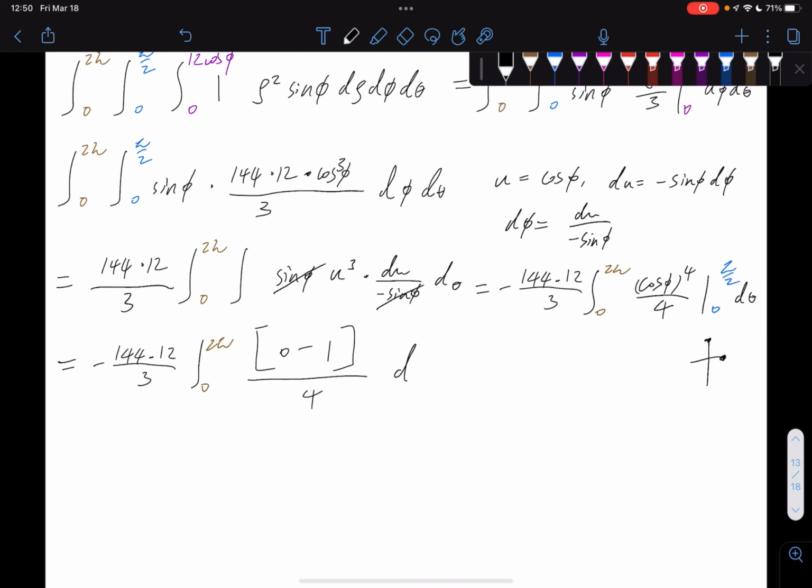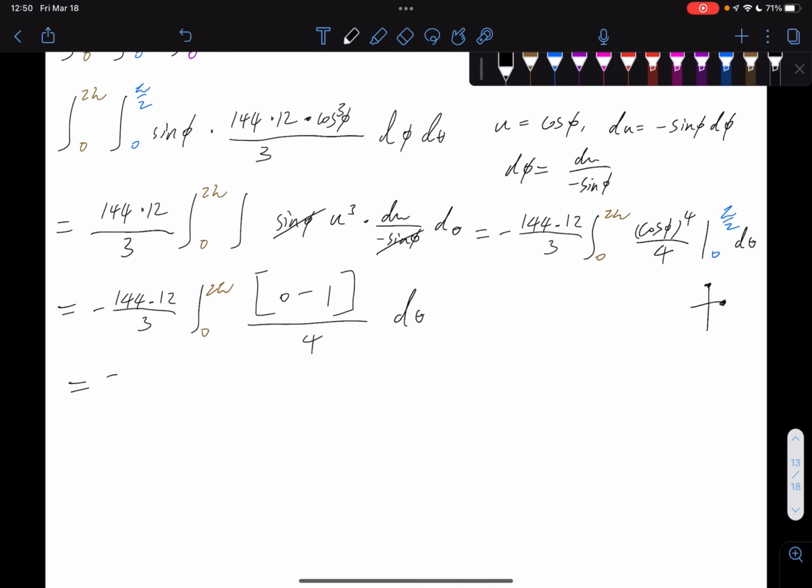So d theta. So I'm going to move the 4 out, and then you can see that negative 144 times 12, and then 3 times 4, right? 3 times 4, that's 12, and that's cancel out, 0 to 2 pi.